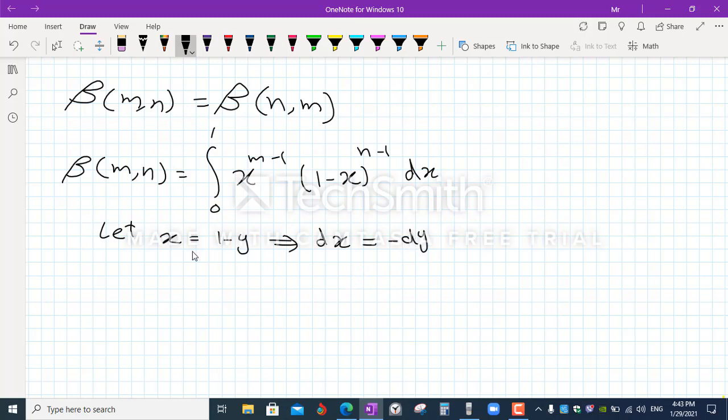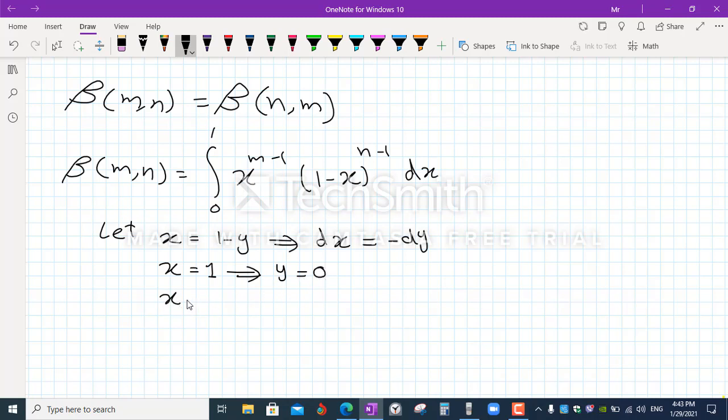And we need to check one more thing, which is the boundaries. When x approaches 1, what will happen to y? y must approach 0 to make the equation correct. So as x approaches 1, y approaches 0.